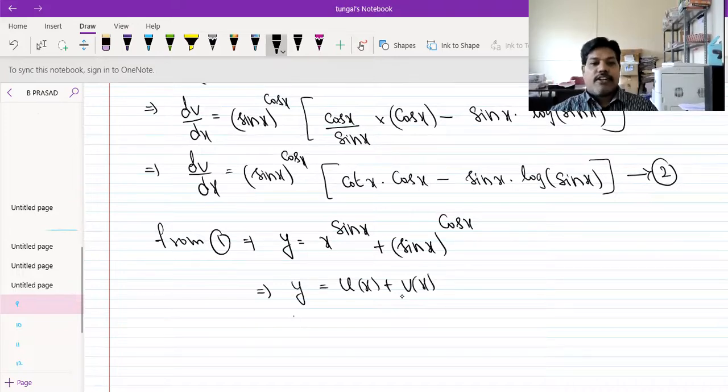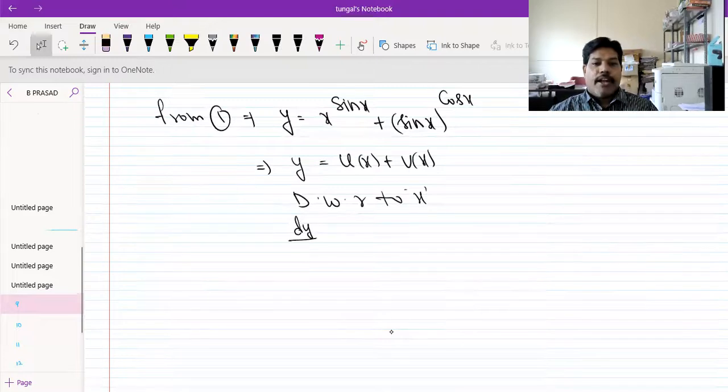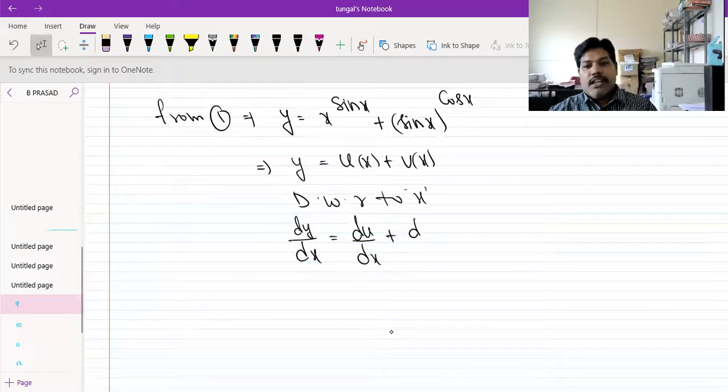Differentiate with respect to x, what happens? So dy by dx is equal to du by dx plus dv by dx.